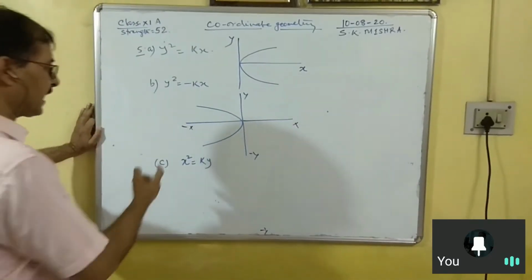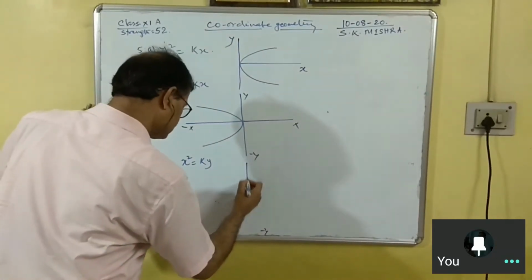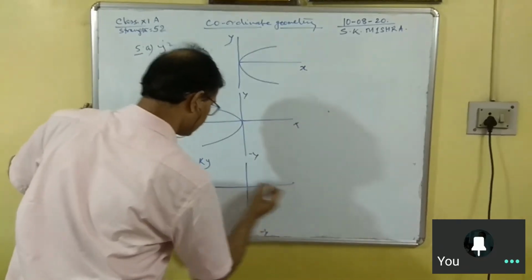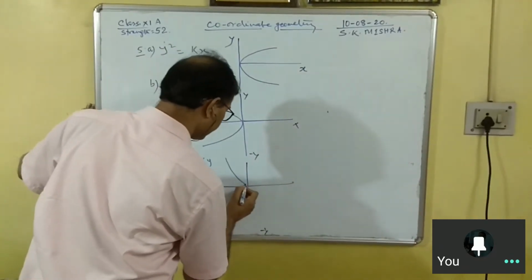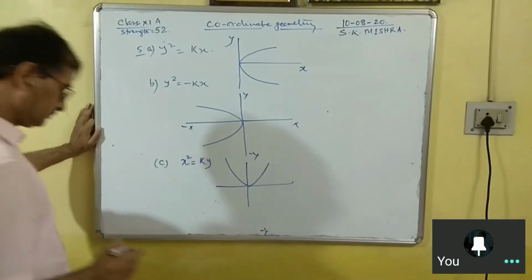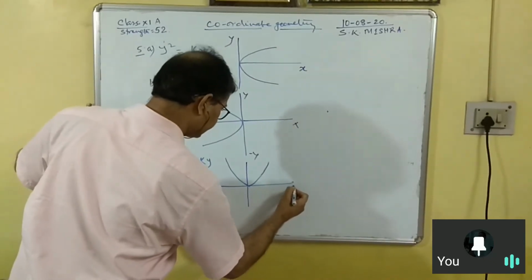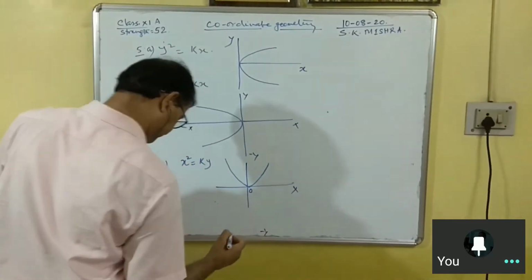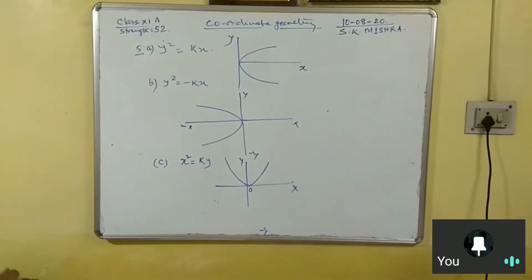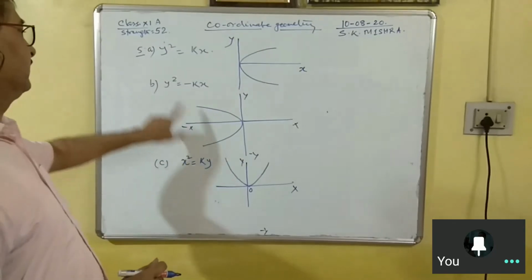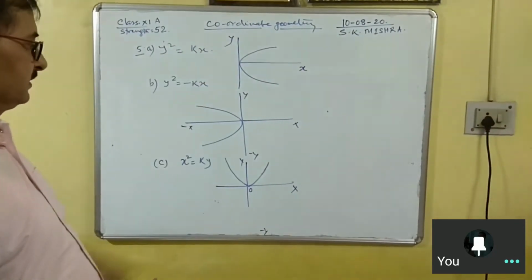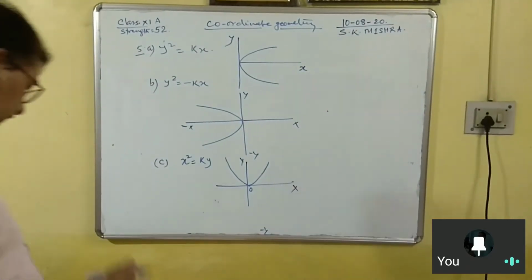If you plot the graph between x and y, then the graph will be, yeah, on this side it is the x-axis, origin, and this is the y-axis. So x square is equal to ky, means x square is proportional to y. The graph will be as shown in the figure.